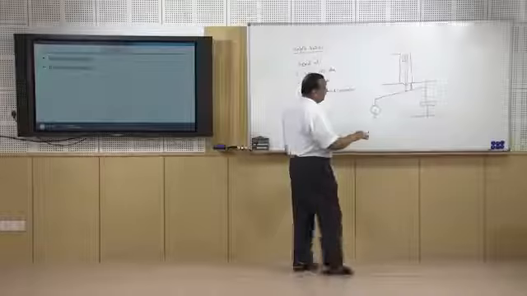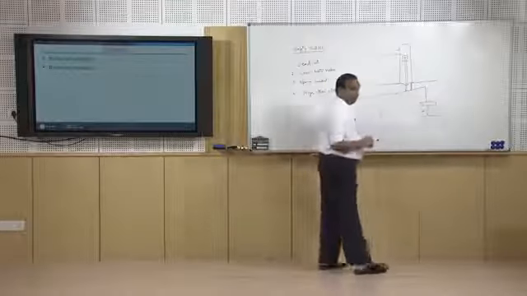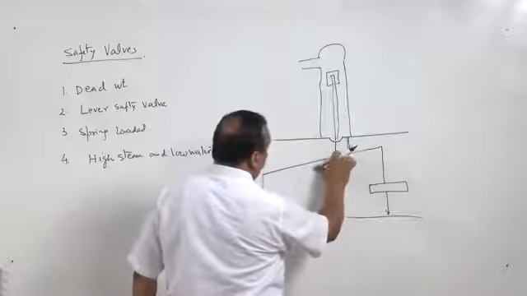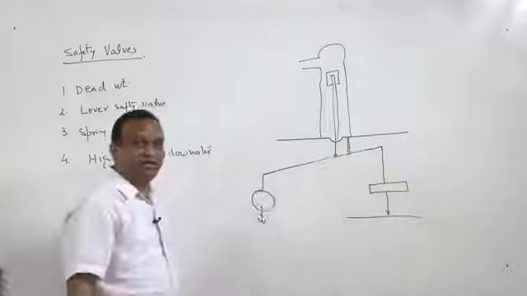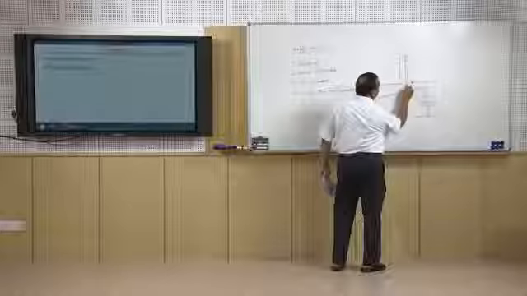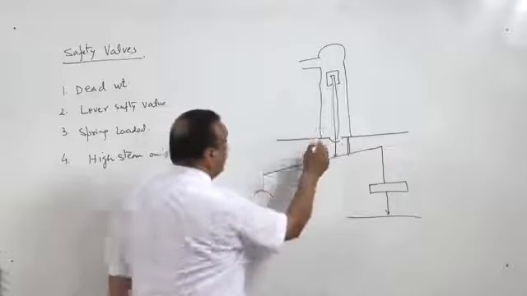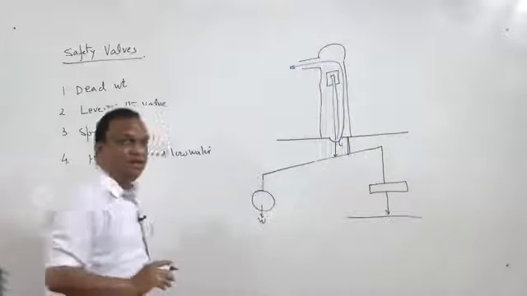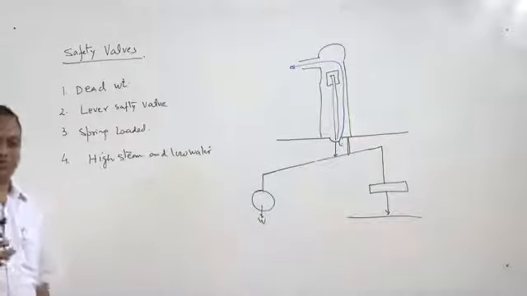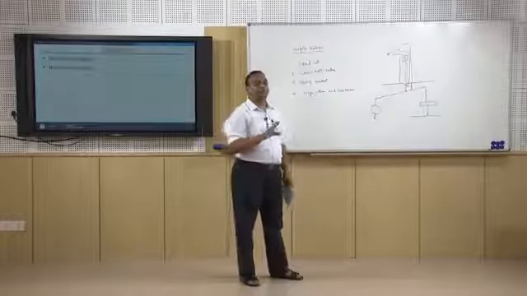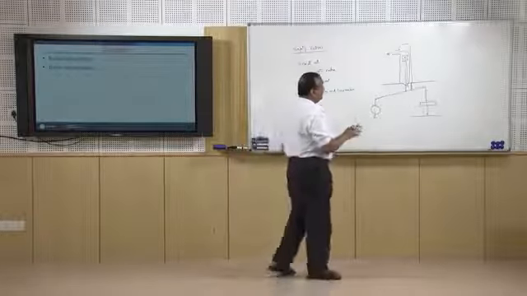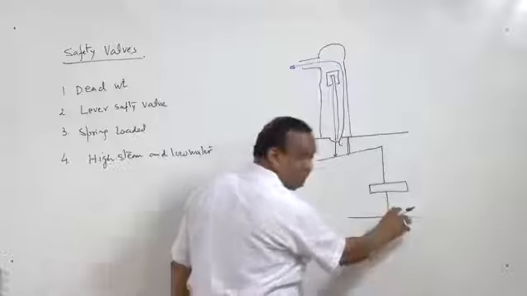When the float comes down, this arm of the lever will twist and this will cause opening of this disc, and steam will escape from here, and it will give a different kind of sound, and this sound will be distinct from the normal steam venting. So the operator can easily identify that the water level has gone down.